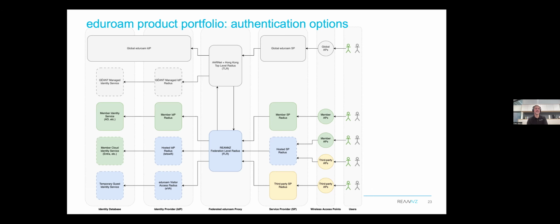Now, there is a new option being rolled out now, the row below, hosted IDP RADIUS, which allows using cloud-based Entra ID instead of the on-prem service.